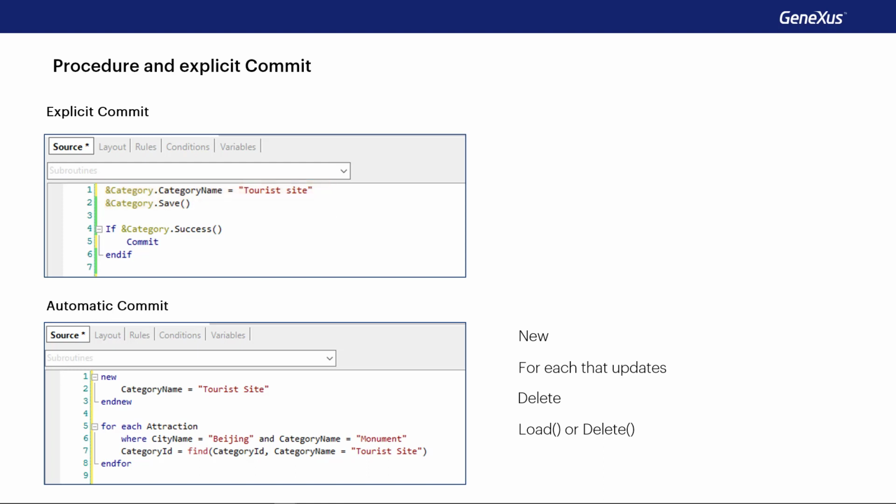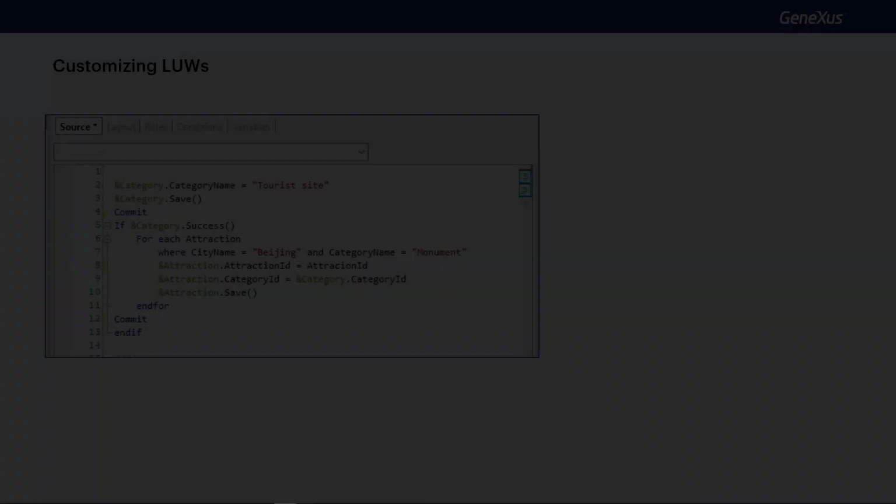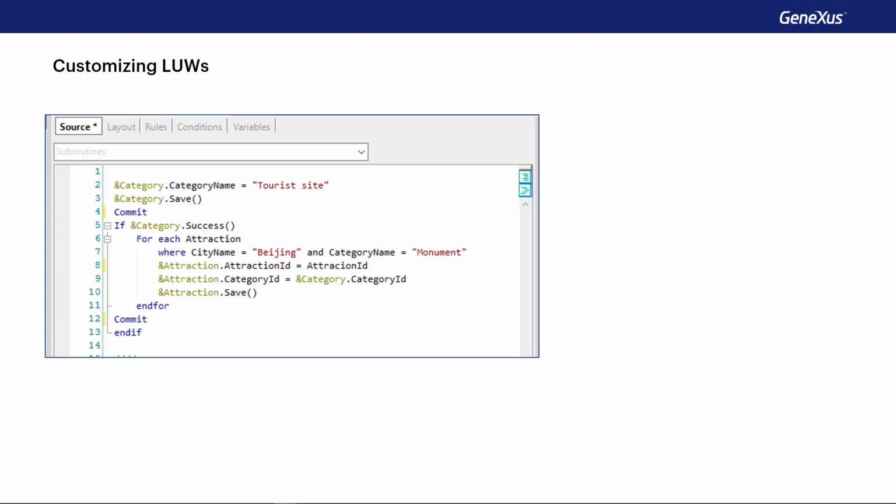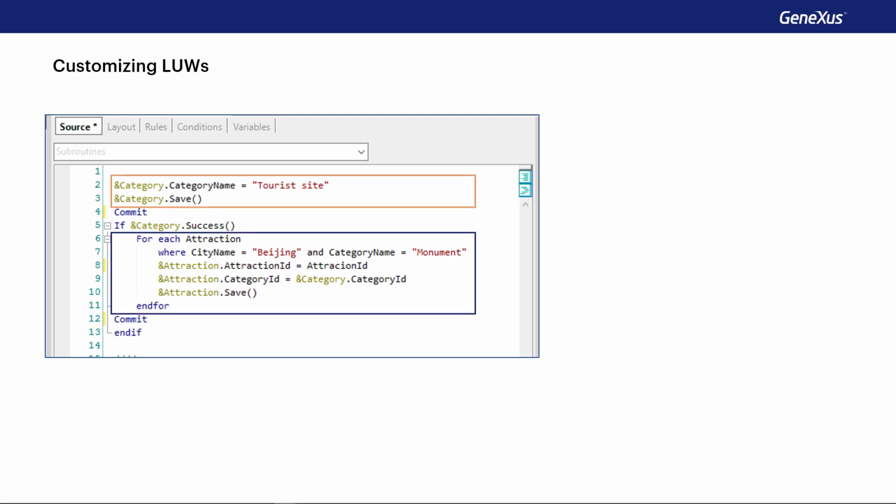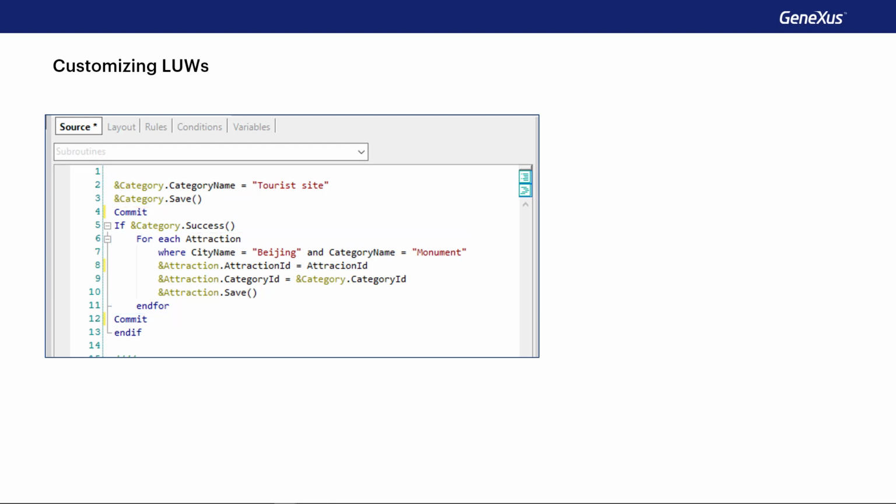In the example, we saw Genexus automatically place a commit at the end. But if we wanted the recording of the category to be part of an LUW and the recordings of the attractions to be part of another one, so that if the system failed before finishing the modification of the attractions, the category was entered, but the attractions were not, how would we do it? We would use a commit.